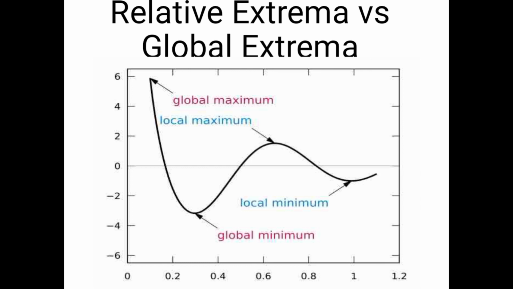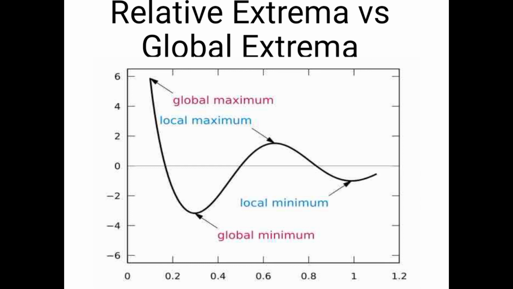So at this point, f of 0.1 gives a global maximum, and f of 0.3 gives the global minimum. Between the interval of 0.4 and 0.8 we have a local maximum which corresponds to f of 0.6.